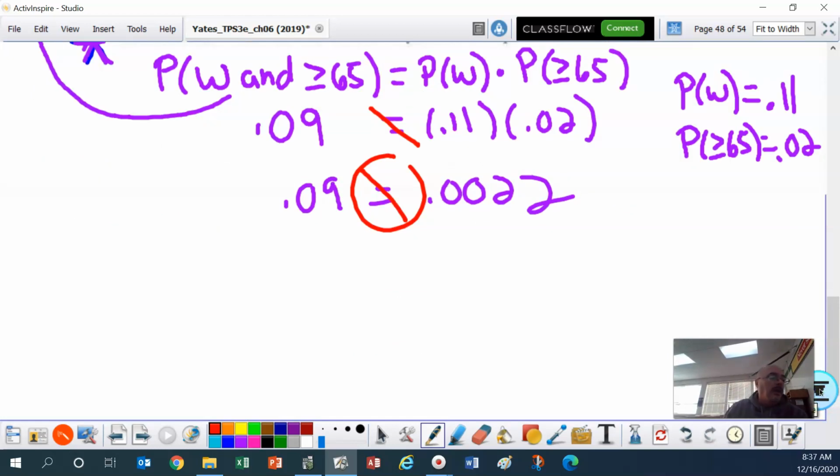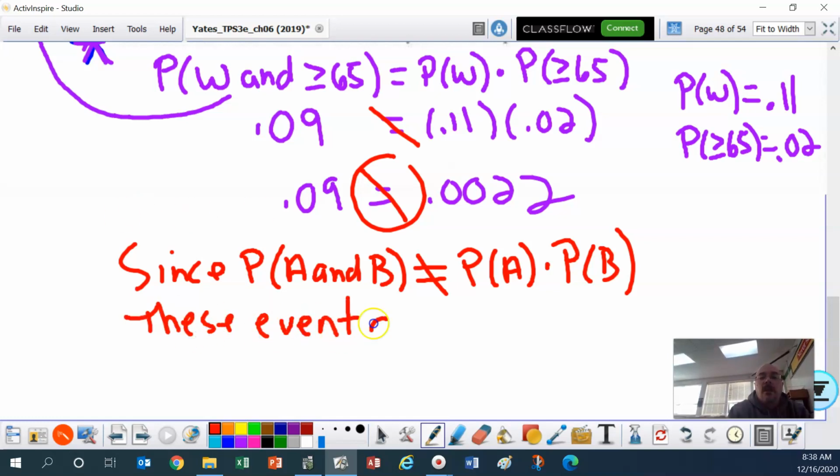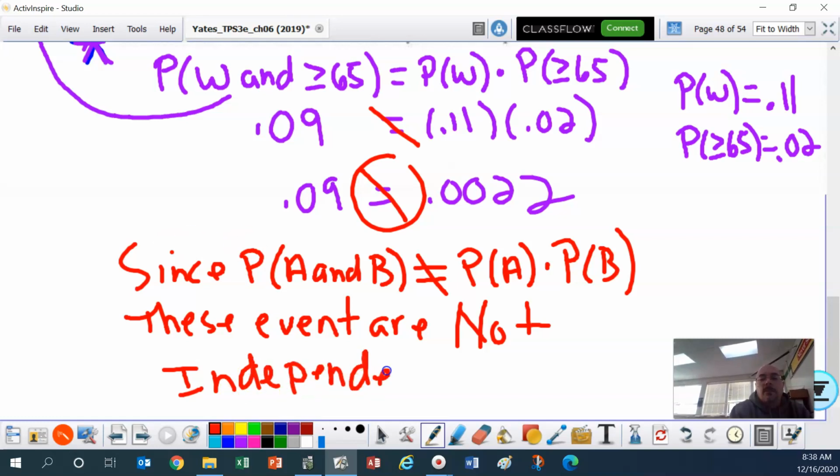Well, since the probability of A and B does not equal the probability of A times the probability of B, these events are not independent. That means they are dependent on each other.